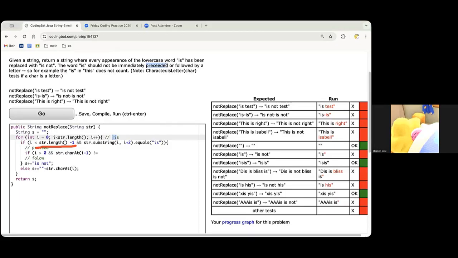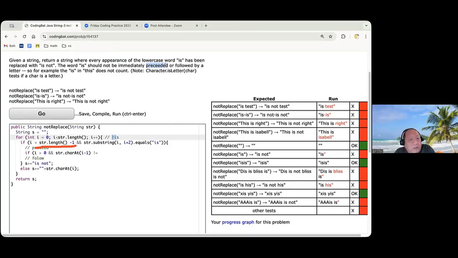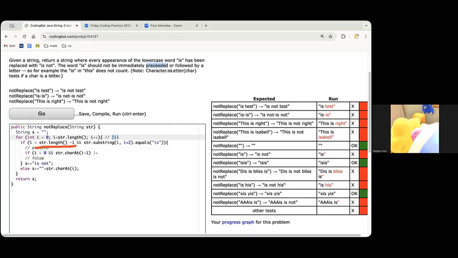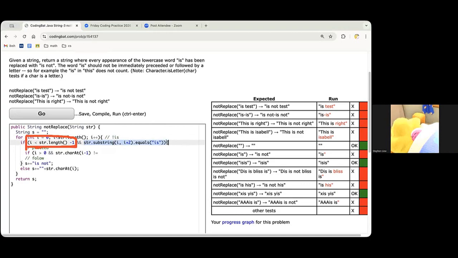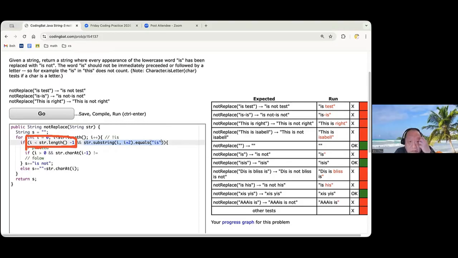If there's something before. So why do you put this I less than this over here? Isn't it to check for this one? Check for what? Make sure it doesn't go out of bounds. Okay.